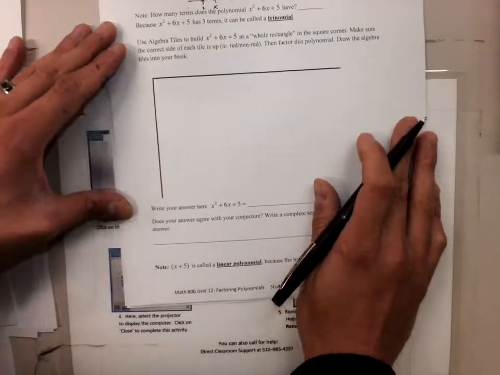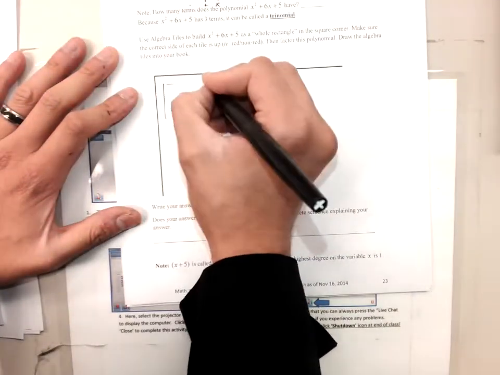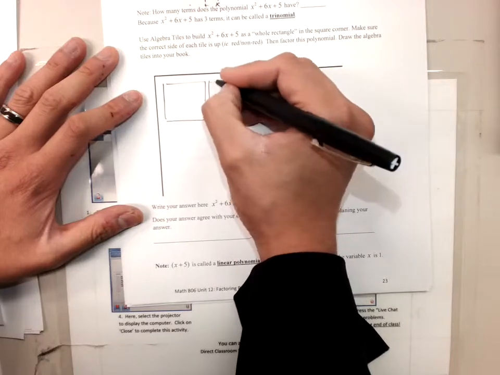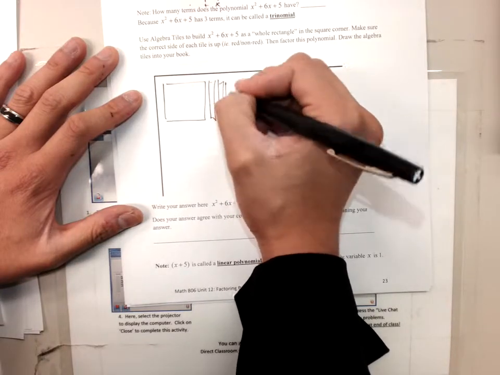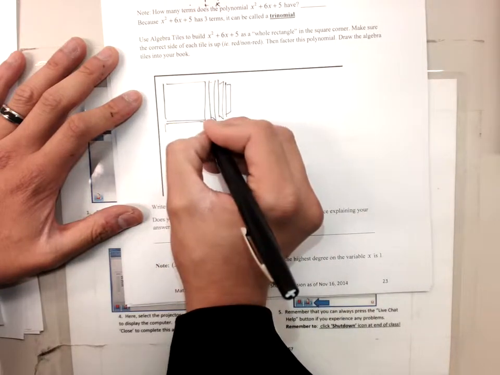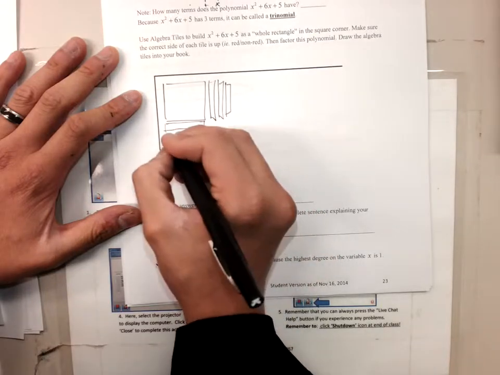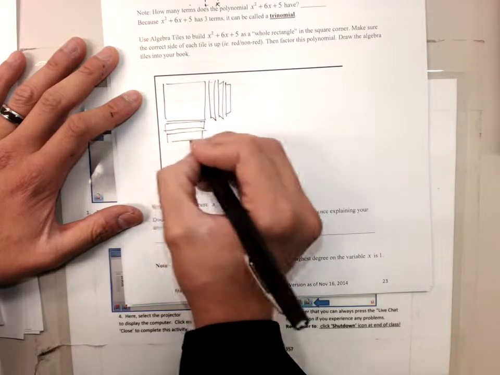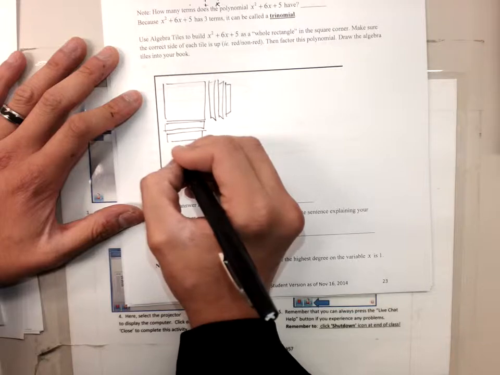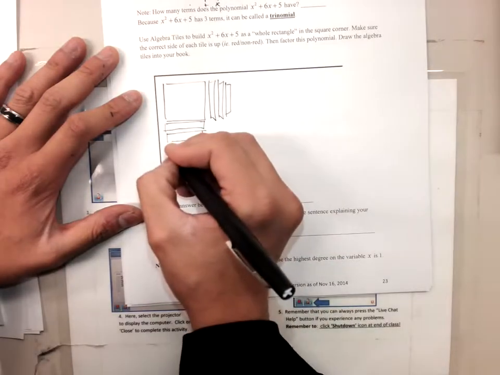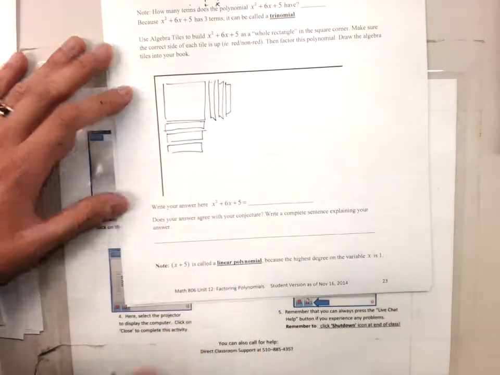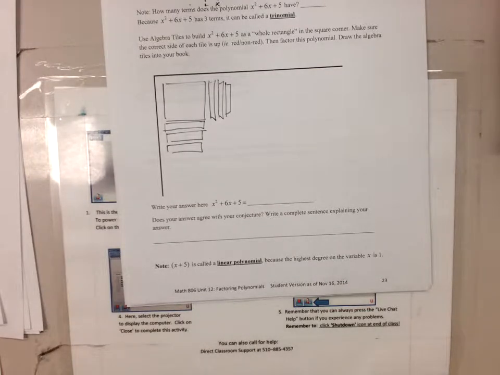If I were to build this out, what does that look like? There's one of these. I have 6 of these guys here, right? Okay, and there's 6 of them. What if I do this? There's 6, okay? So now what? Well, oh no, we have a problem, huh?